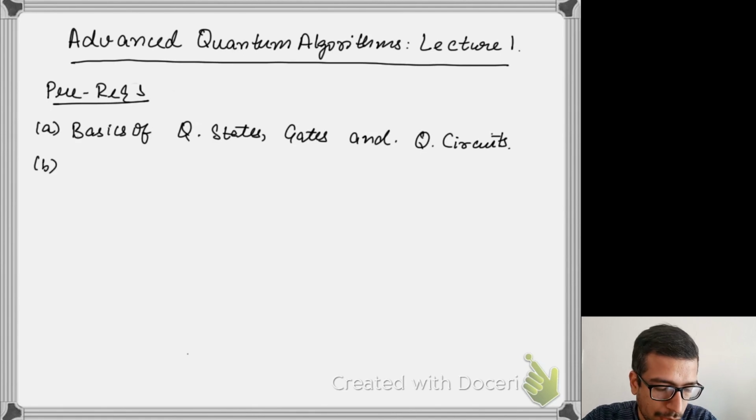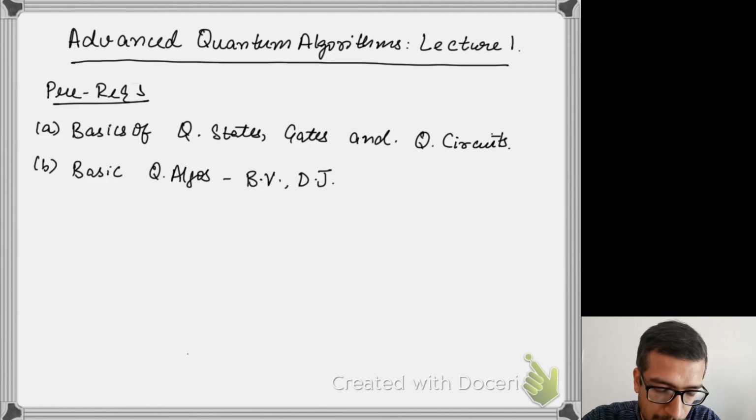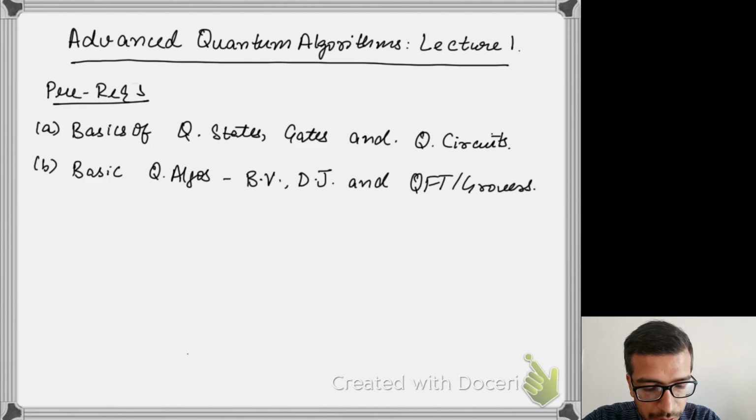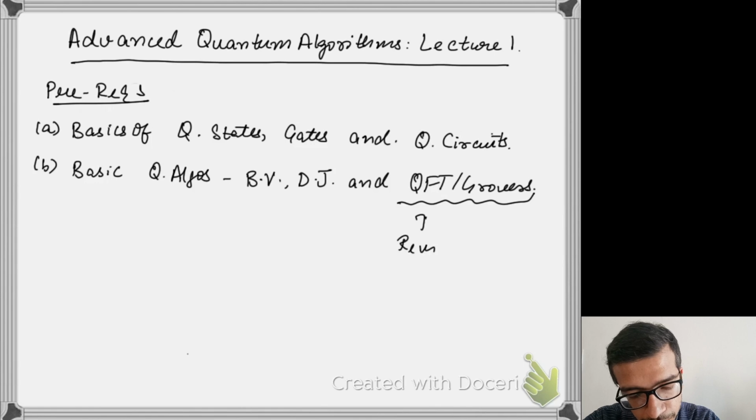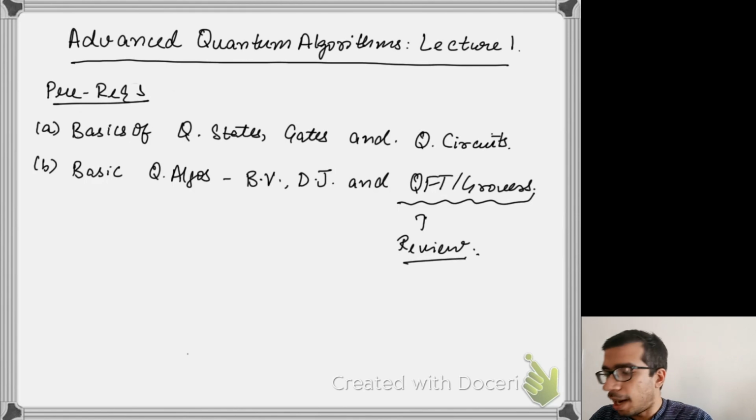Secondly, you are also expected to know some basic quantum algorithms such as Bernstein-Vazirani, Deutsch-Jozsa and either one of QFT or Grover's. Actually QFT and Grover's are not essential because we will review these algorithms in this course, but it will be good if you have seen some of the analysis associated with these.